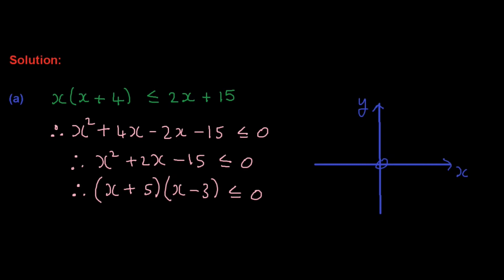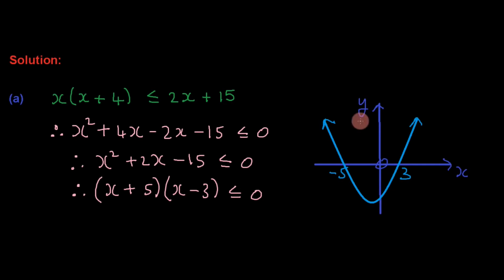So it's negative 5 and positive 3. So just a rough sketch. We want the parabola to be negative or less than 0, or equal to 0.